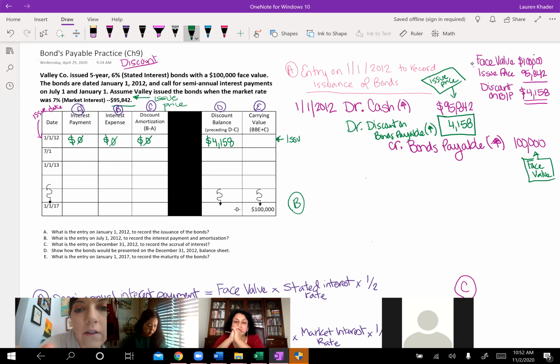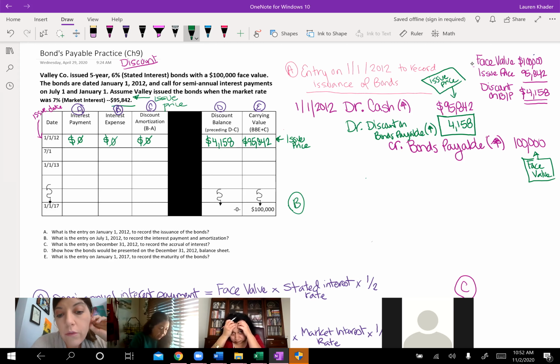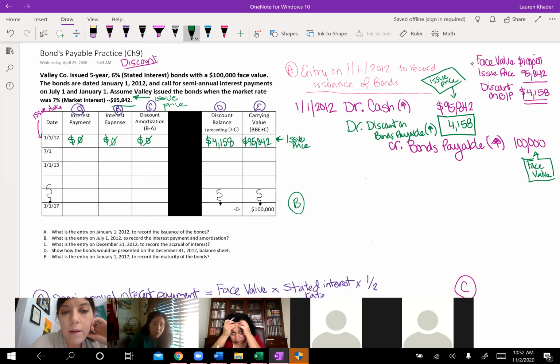That initial carrying value is always equal to the issue price. 95,842. For discounted bonds, when you add up column D and E in the same row, it always equals face value. When you add up these two, it's just a little check.